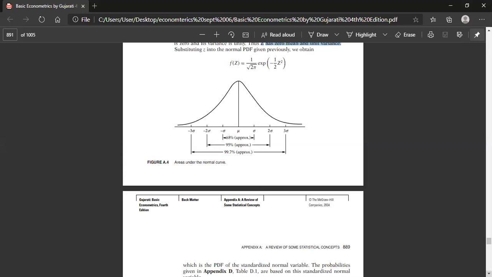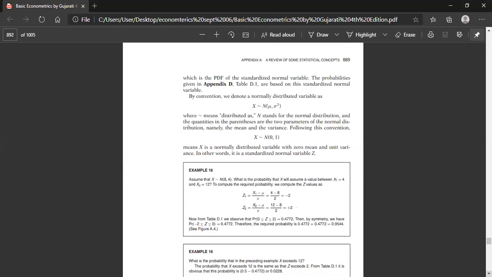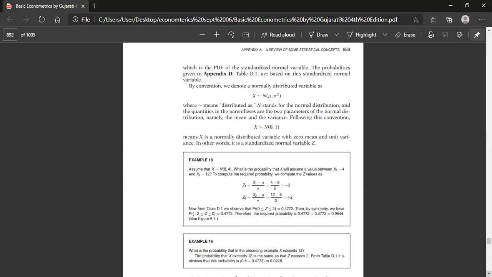Normal distribution. Any question about normal distribution? Shoot now. Here, you see, there is an example of how they are changing. Let's say, assume X is a normal distribution, and this is how they write it. By convention, this is how distributions are written.